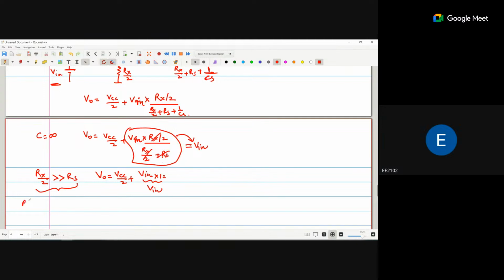Okay, now we consider this condition. Now, Rs is what? Source resistance. If we consider the ideal voltage source, the value of Rs is 0, but practically the value of Rs is very less.